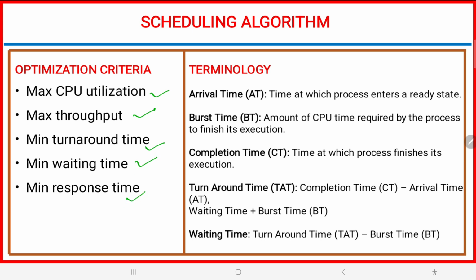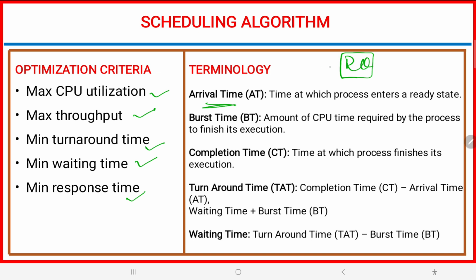Now, over here, I would tell you some of the terminologies which will be used when we'll be going through the various CPU scheduling algorithms, and those terms include the very first term, arrival time. So, arrival time is the time when the process enters the ready queue, that is, it has entered the ready queue and is waiting for its turn to get the access of CPU.